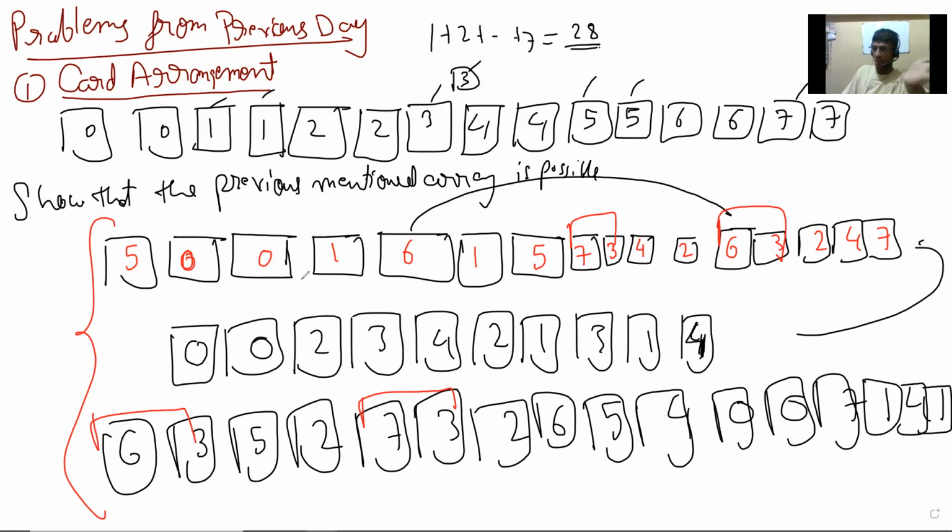You can take this arrangement of cards, go to the 1, 2, 3, 4, 5, 6, 7, 8 here, and reflect it. Just reflect it. Will it still be a legal arrangement?